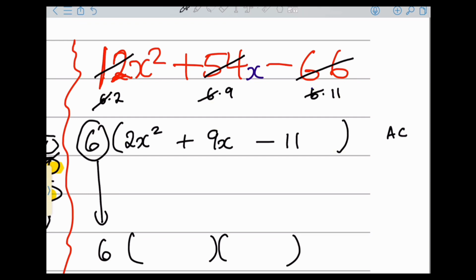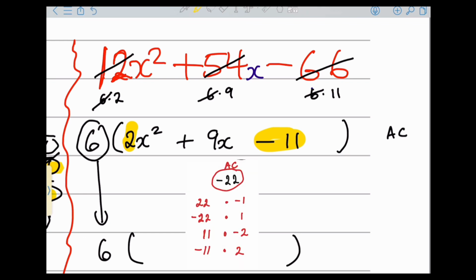Why? Because, let me show you, it's 2 times negative 11. You always take the sign next to the number. This is your A. Your A is 2. And your C is negative 11. Same signs positive, different signs negative. So your AC comes out to be negative 22.